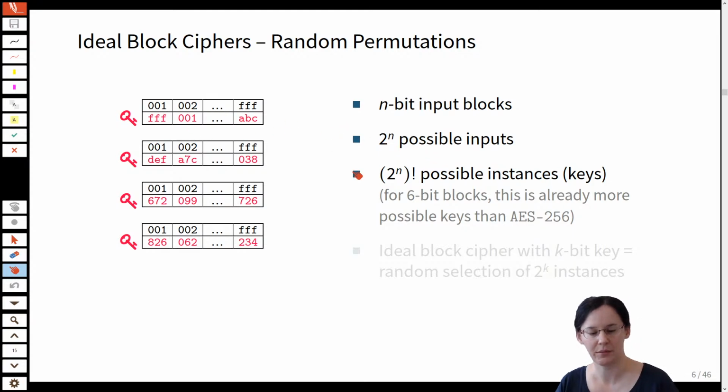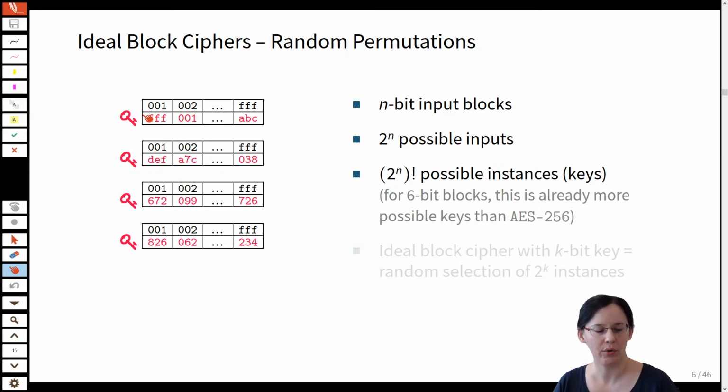This now looks a bit like what we already saw last week. Last week we already said that if I have this many message blocks, then there are a total of (2^n)! possible translation rules that translate these plain texts to ciphertext. This is because if there are 2^n possible plain texts, then we also have 2^n possible ciphertext values.